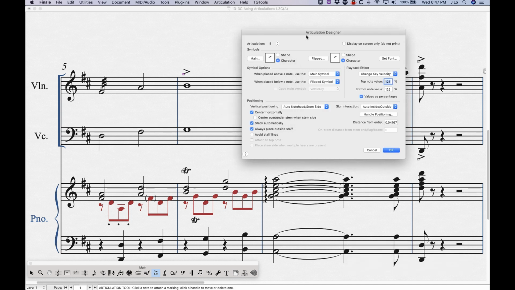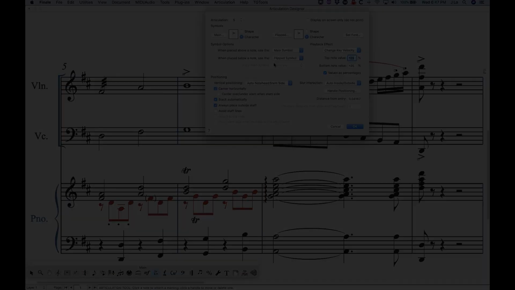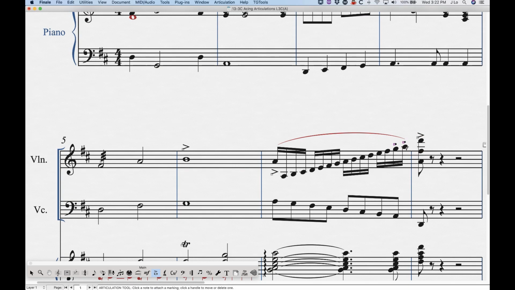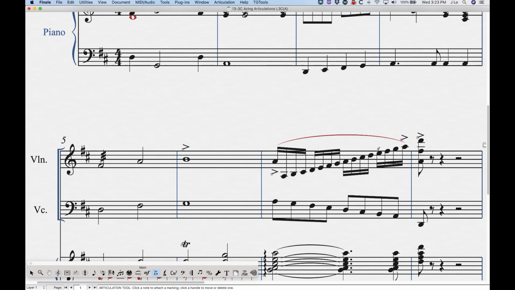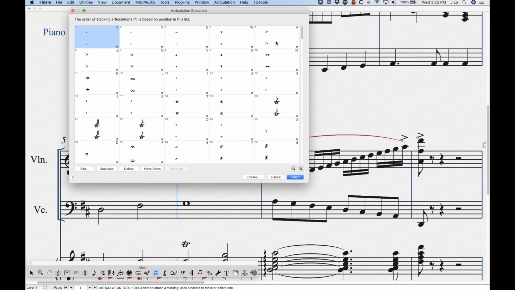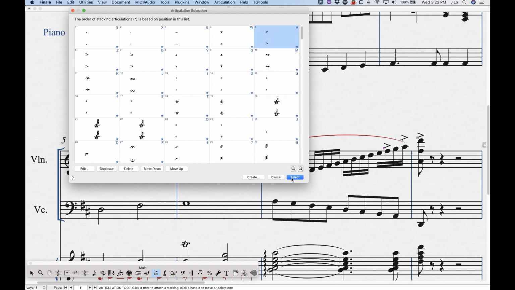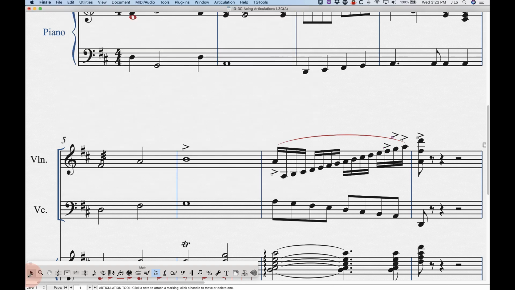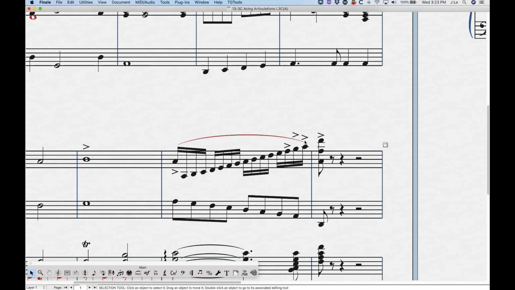So clear as mud, and back to our regularly scheduled program. The final thing I want to talk about is there is a setting to adjust how far away the articulations are when slur avoidance is selected. Now, I just put some accents here, and you'll notice that they're a certain distance away from the slur, right?